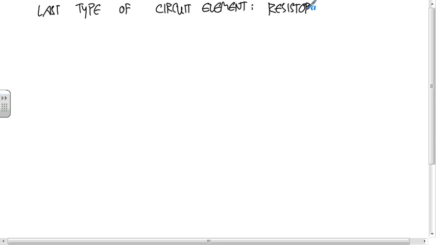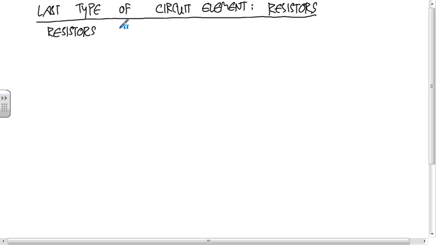I mean, it's not the last type of circuit element in the world, but the last one that we're going to deal with. You can think of resistors as impeding current flow.